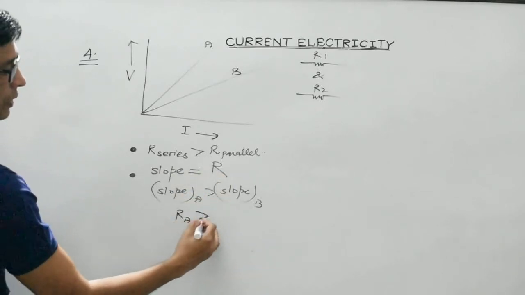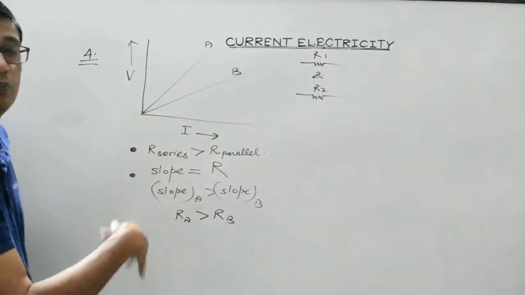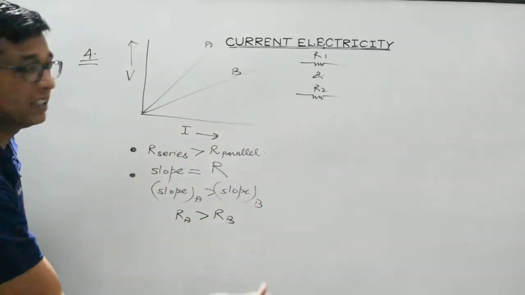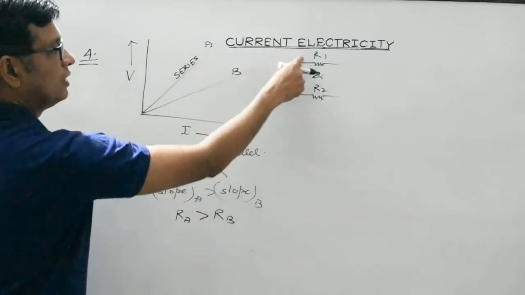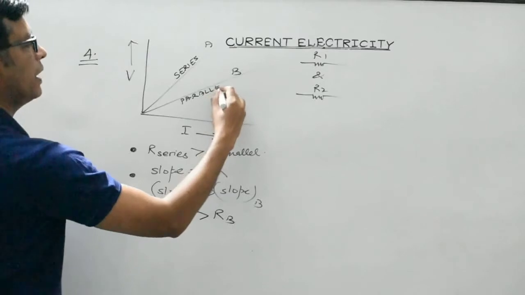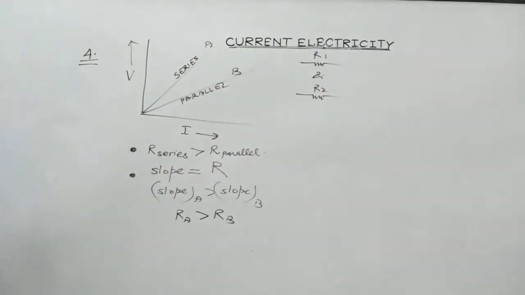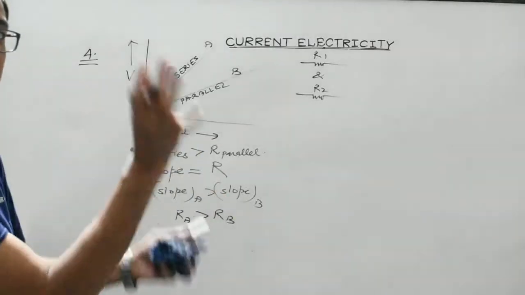So, RA would be greater than RB. In case A, the resistance is more. In case B, the resistance is less. So, A must represent the series grouping of these two resistors and B must represent the parallel grouping of these two resistors. Right, students?